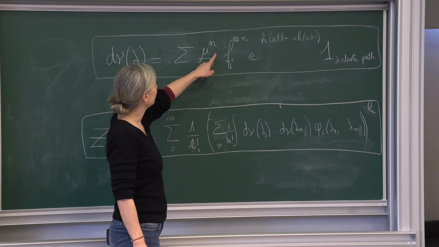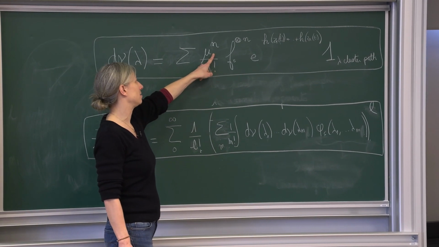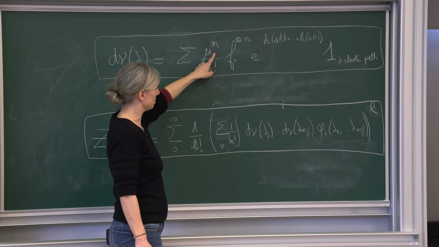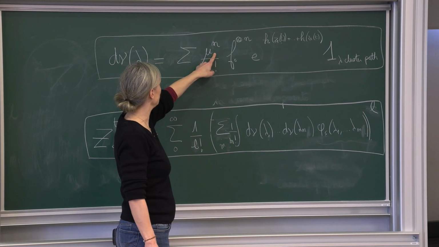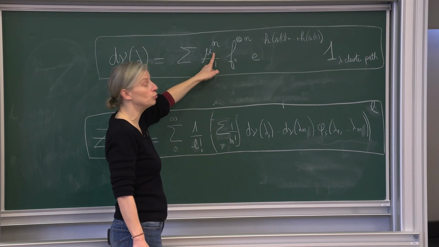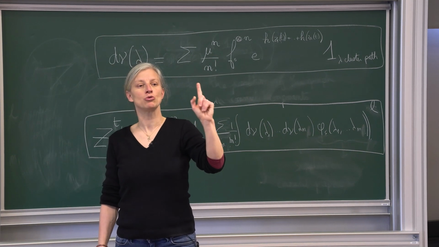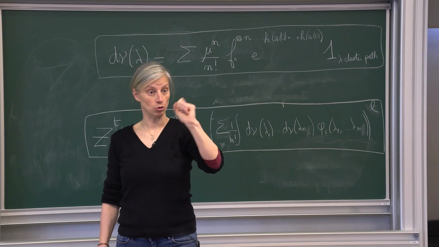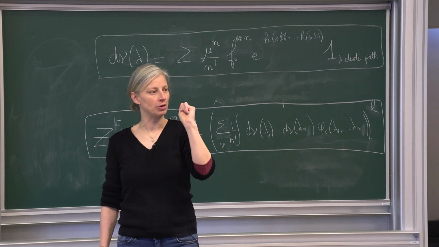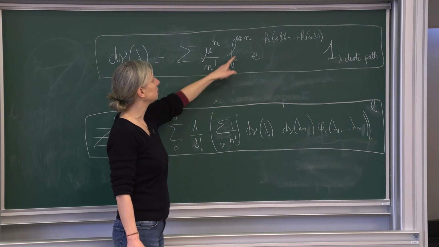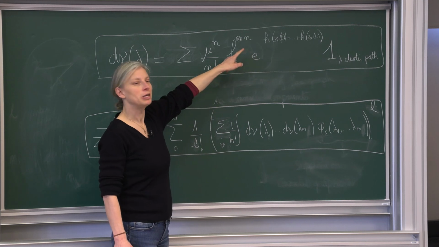At first sight it's not so nice because you have this mu to the n, but just recall that mu is very, very large. It's like epsilon to the minus d minus 1. So mu is a really, really large number, and this guy seems to be really, really large.